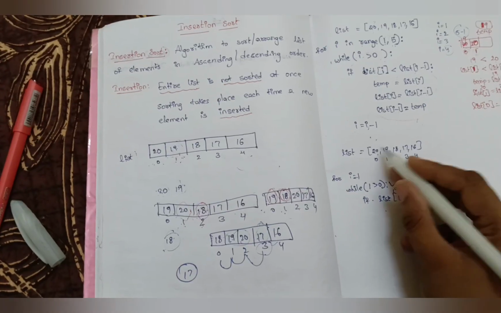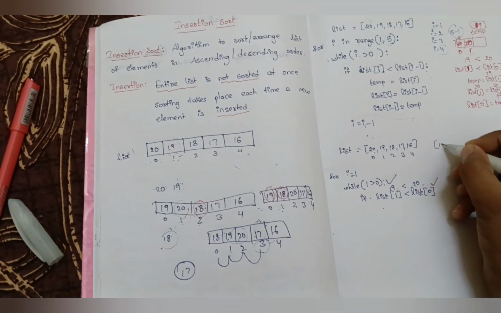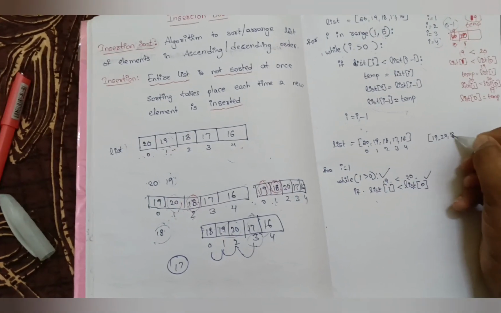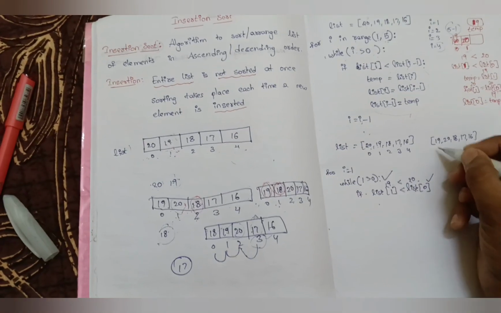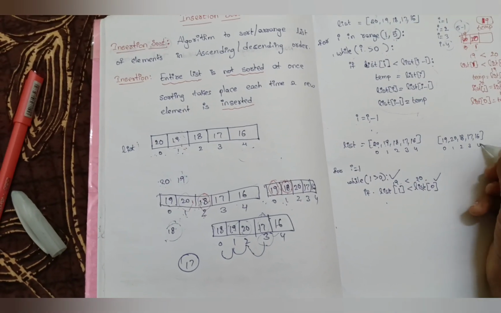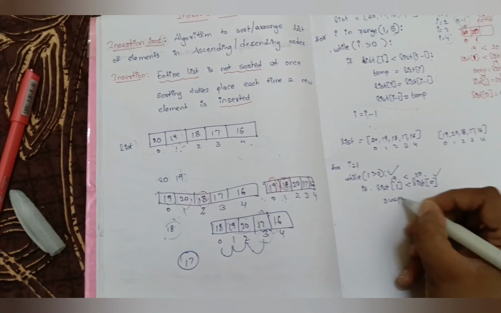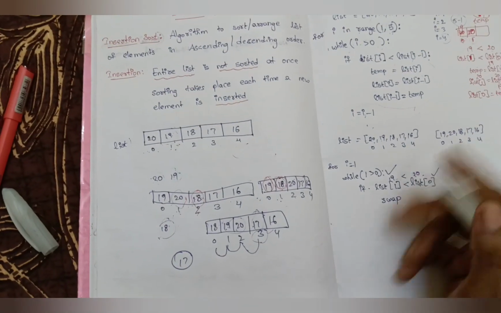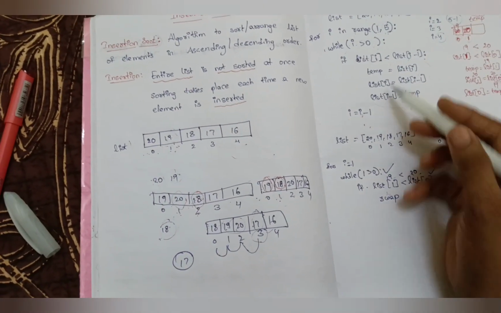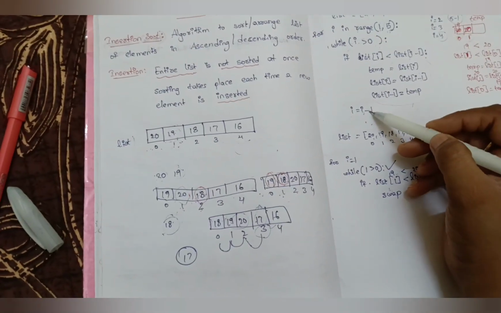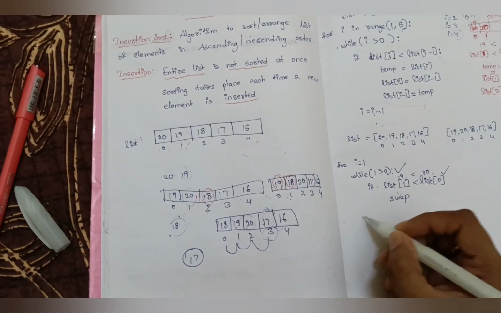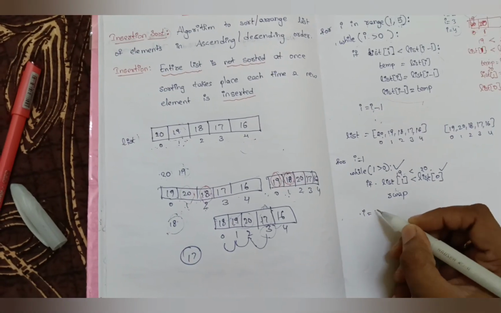After swapping both the elements, the list will become 19, 20, 18, 17, 16, with indexes 0, 1, 2, 3, 4. After that we'll get out of this if statement and the i value gets decremented: i is equal to i minus 1.